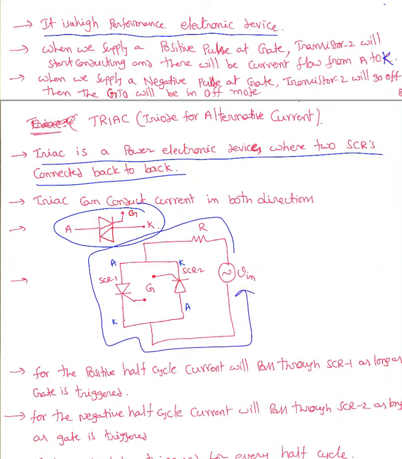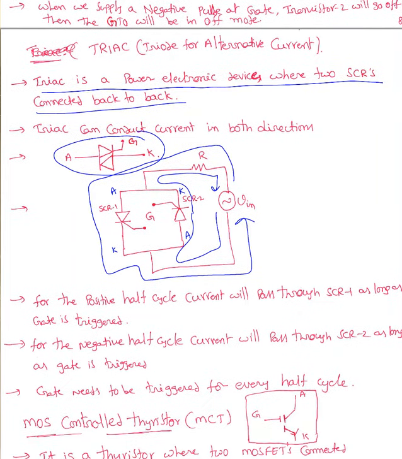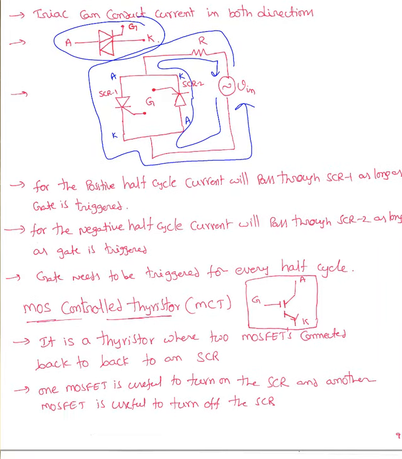For the negative half cycle, current will pass through SCR2 as long as the gate is triggered, in this direction. So we have to trigger the gate for every half cycle. This is triac.